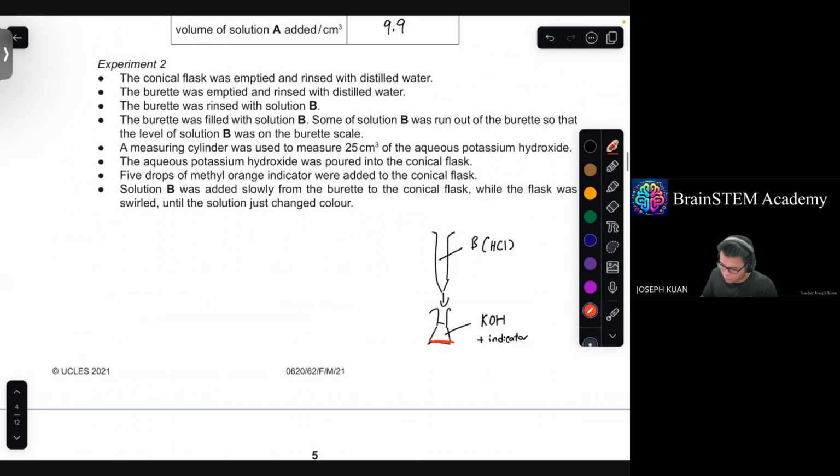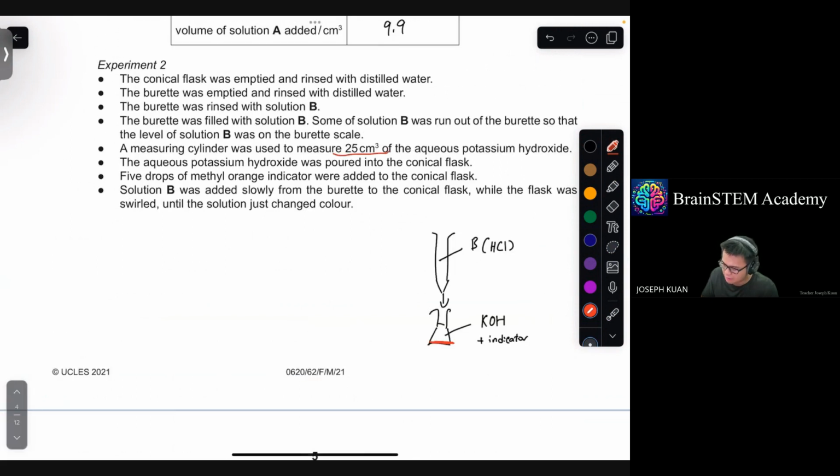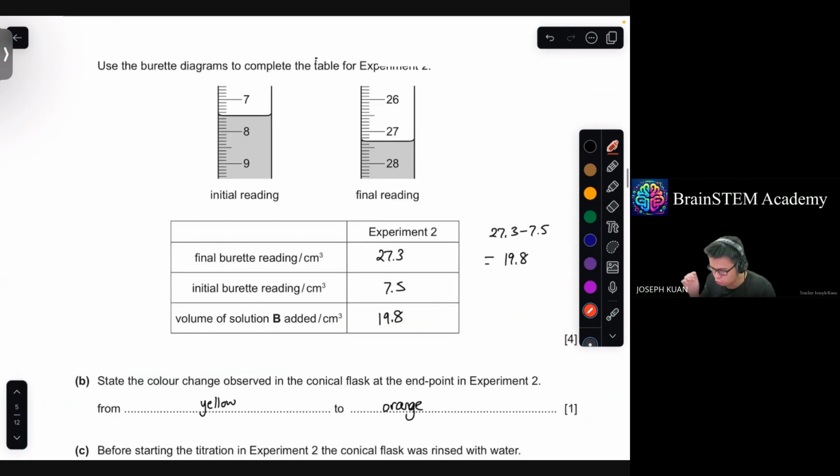Supposedly you just want to measure 25 cm cube, but just now you rinsed it with potassium hydroxide. There's residue of potassium hydroxide in the conical flask in the beginning. Maybe it's 0.1, maybe 0.2, and then you add 25. So you're not exactly titrating 25. Maybe you're titrating 25.1, 25.2. So it will actually affect the results. Okay, so you do not want it to happen.